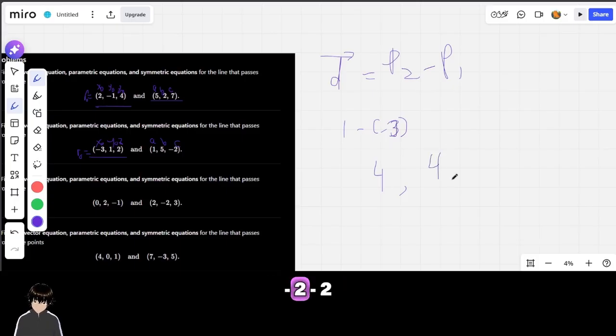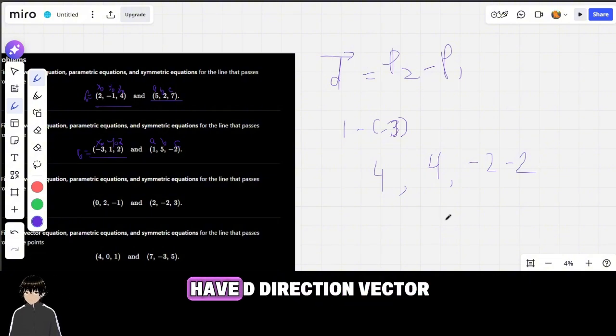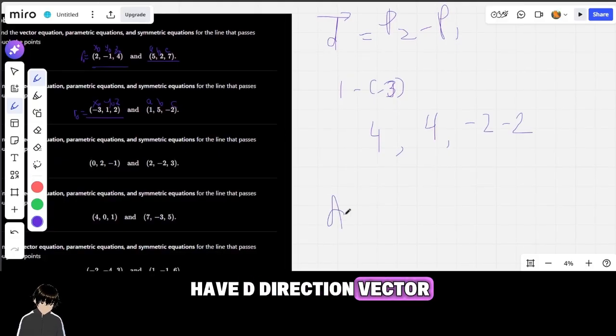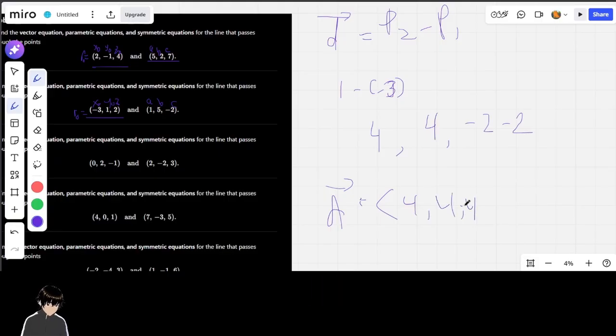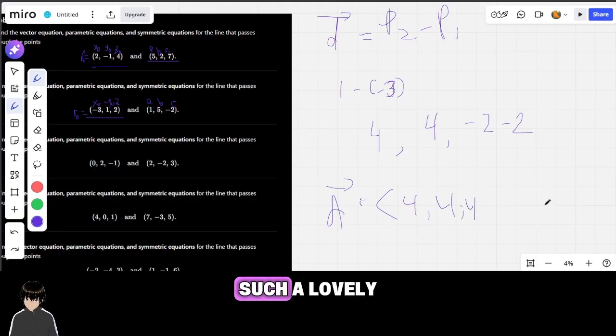Negative 2 minus 2 is going to be negative 4. So the direction vector D is equal to 4, 4, negative 4.